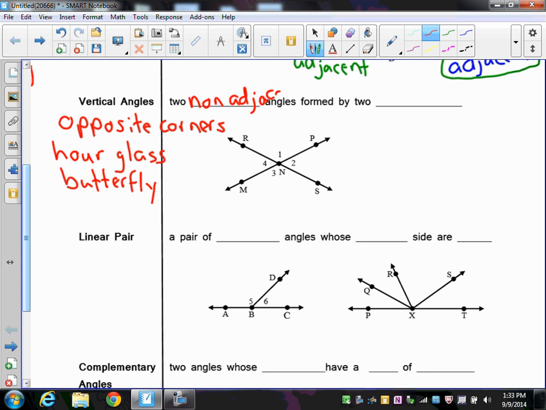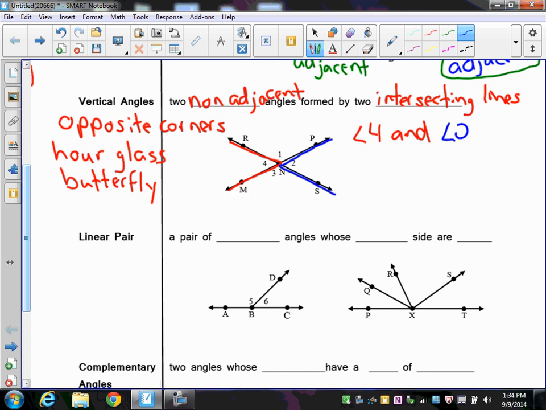So remember, we just learned adjacent is next to. Vertical angles are angles formed by two intersecting lines. So if I take a look at angle 4 and angle 2, they're opposite corners.